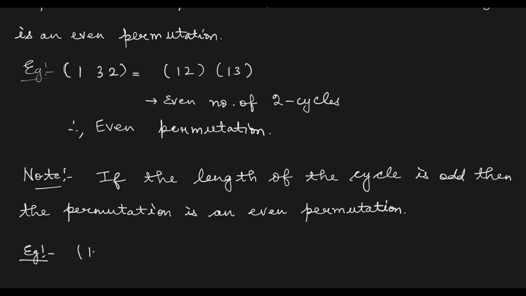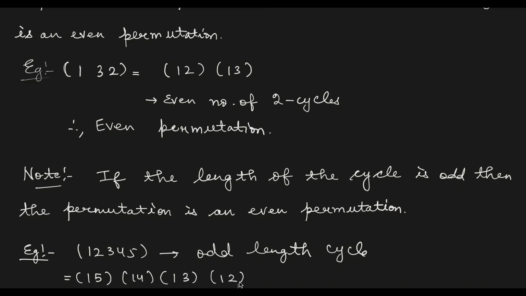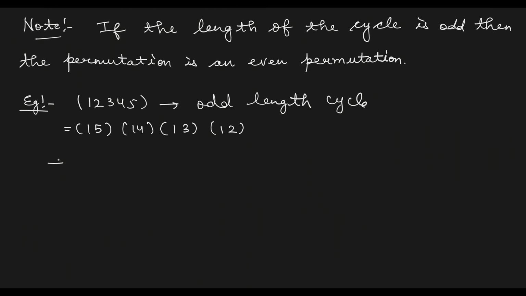For example, (1 2 3 4 5). This is an odd length cycle. This can be written as (1 5)(1 4)(1 3)(1 2). So it has an even number of 2-cycles, so it is an even permutation.